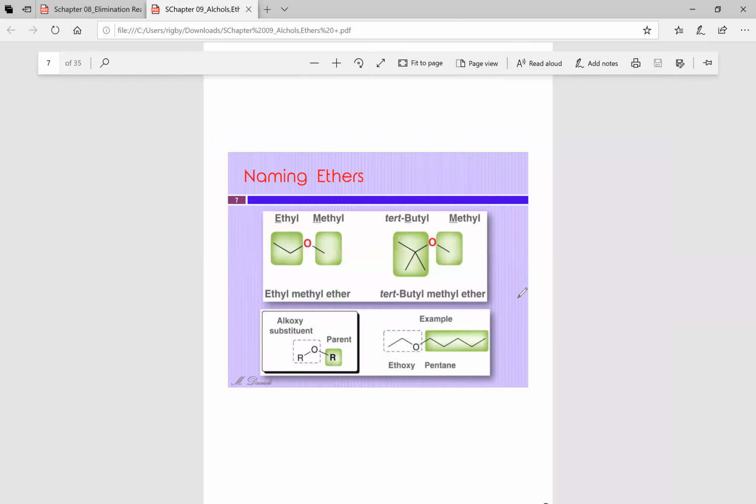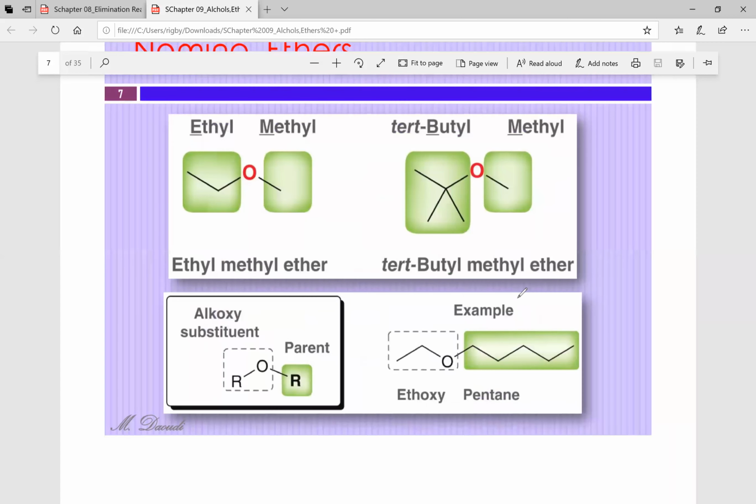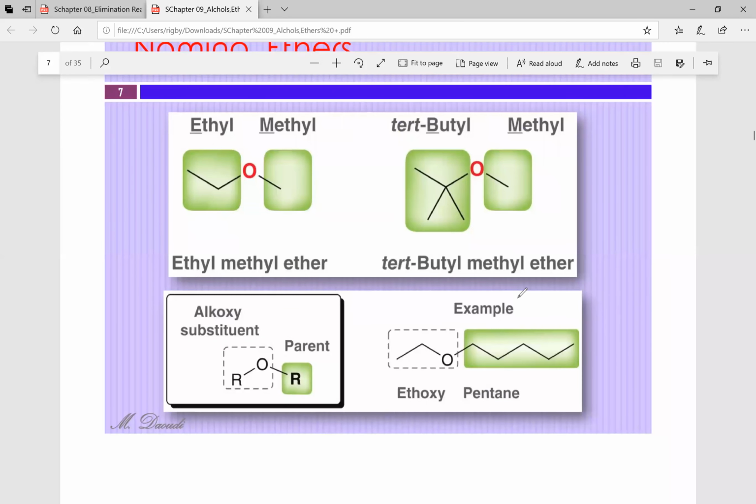Okay, so now when we're naming ethers, it's going to be a little bit different. There are technically 2 ways to name these. I prefer the second way. So essentially what you do in the second way, which I'm going to teach you right now, is you find the parent chain, aka whichever chain is longer that is connected to that O group.